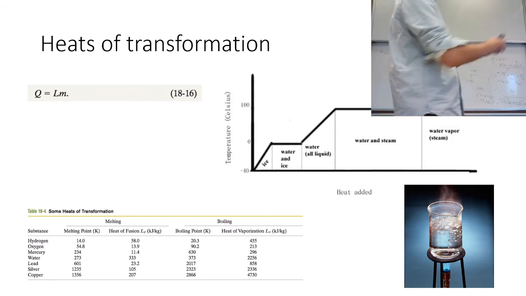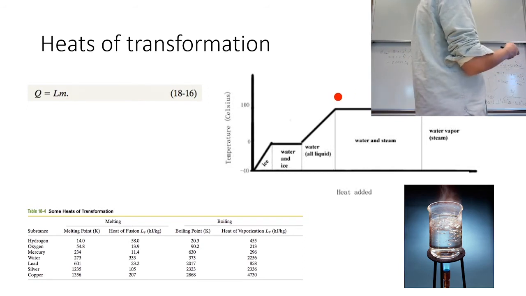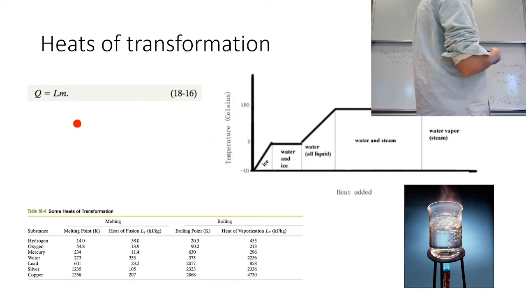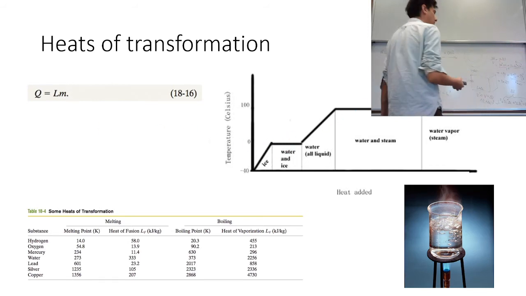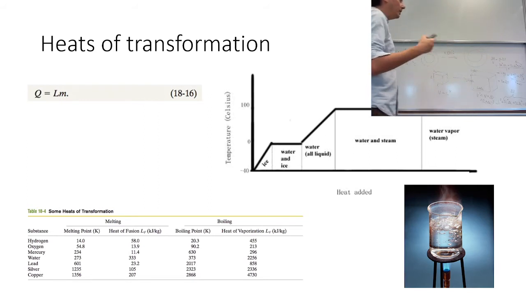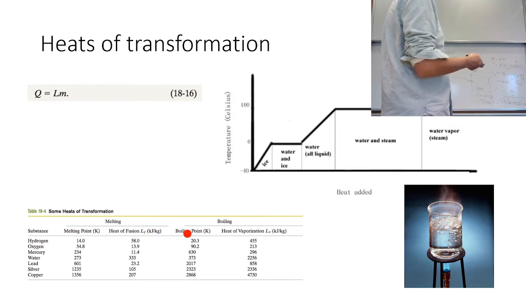Just to go to that phase takes quite a lot of energy. So this is the energy associated with changing the phase. And because the temperature doesn't change here or here, it depends only upon how much material you have. So this is not per degree, but usually per kilogram, or maybe sometimes per mole of the material.